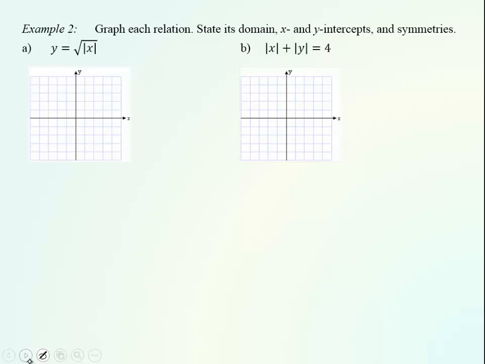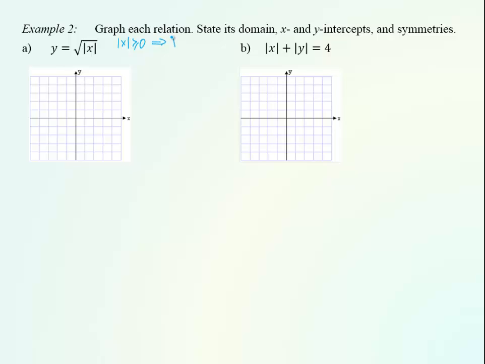In the next example, we're supposed to graph each relation and also state its domain, x and y intercepts, and possible symmetries that we can find. So the first example is y equals square root of absolute value of x. Since absolute value of x is always bigger or equal to 0, there's no problem with the root.